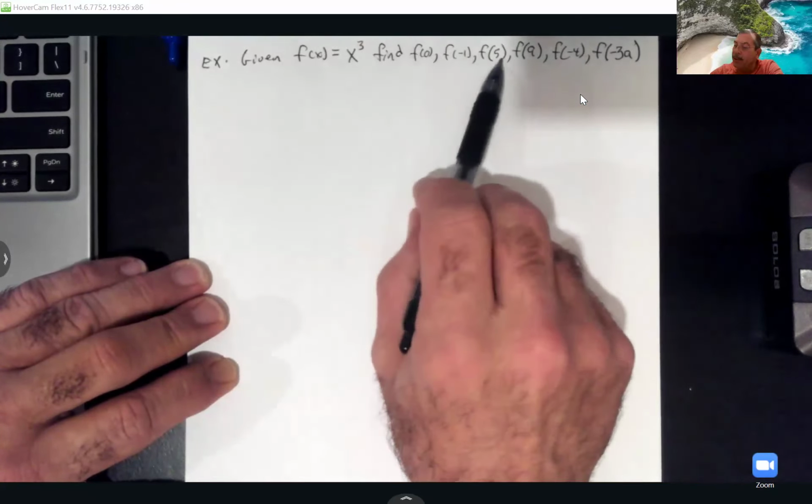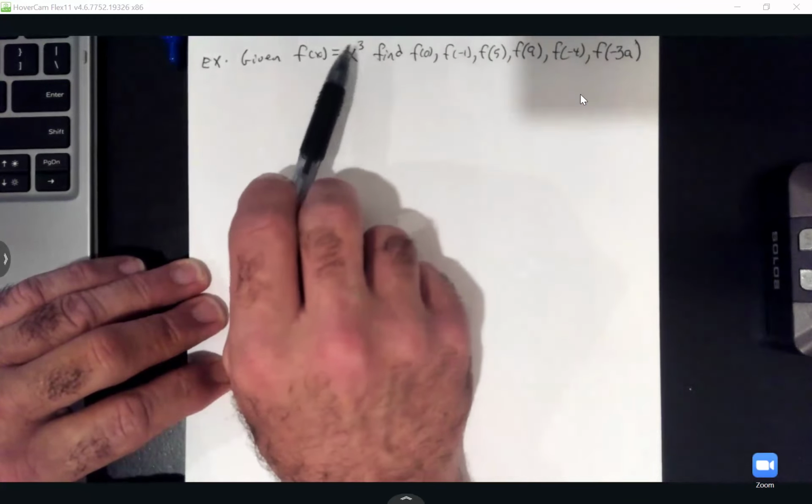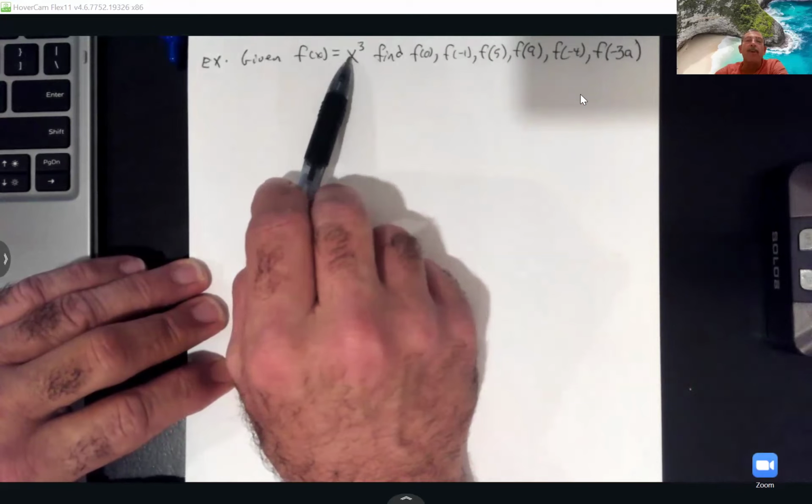So let's see, 1, 2, 3, 4, 6 of them we got to find on this one, okay? But it looks like all we're doing is whatever number we put in, we're cubing it.